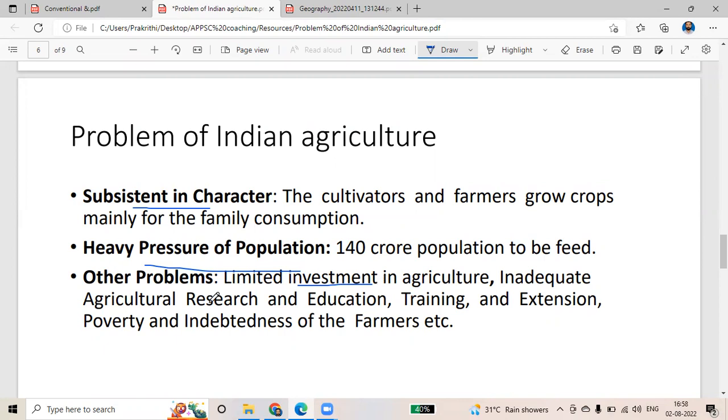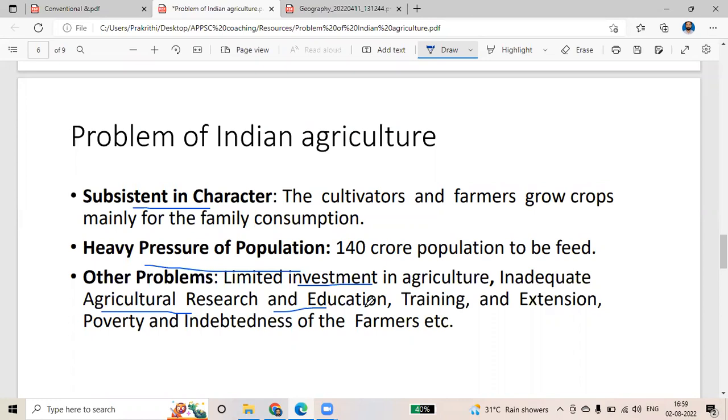Then inadequate agriculture research and education. Agriculture में innovations कम आ रहे हैं. When we are saying about other sectors, industrial sectors or service sectors or any sector, we are mostly saying about the innovation technologies. But in agriculture sector, these innovation technologies and research is comparatively less.